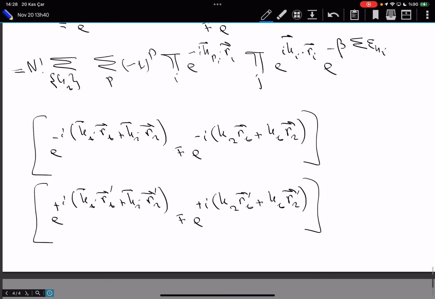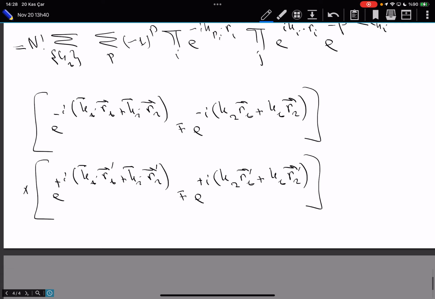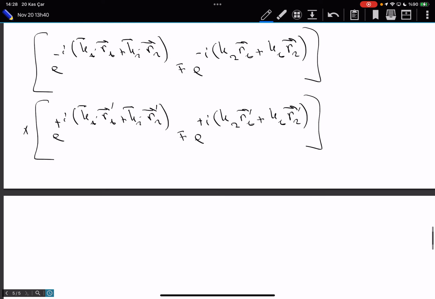Okay, so I have this product for two particles. So let's see. I have the first two terms, a to the power i k1 dot r1 prime minus r1, and plus i k2 times r2 prime minus r2.